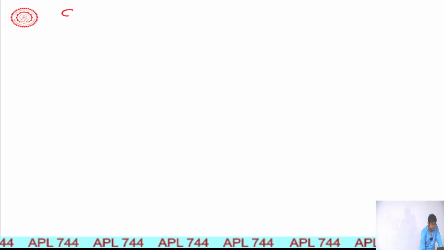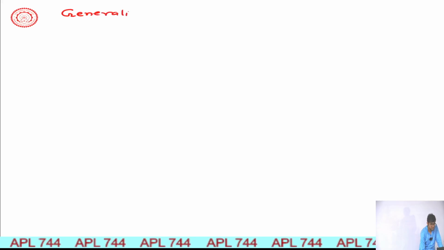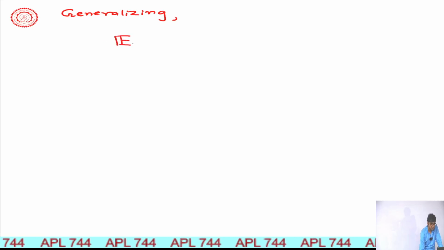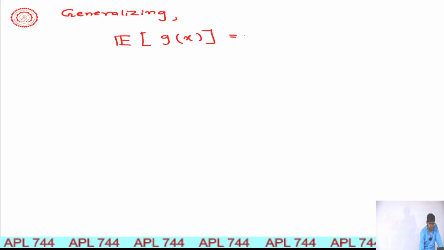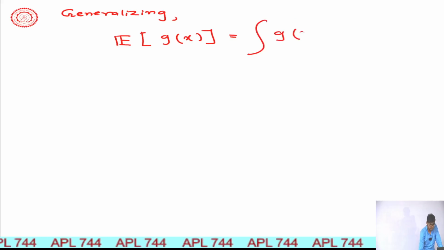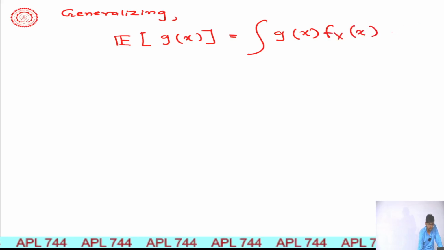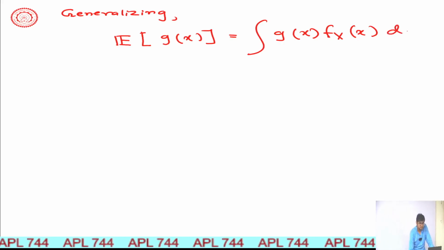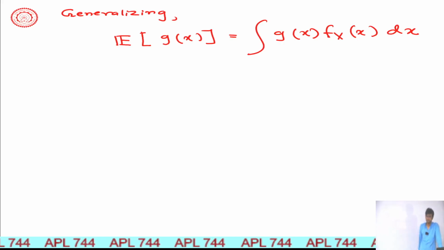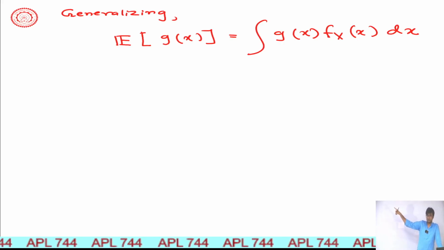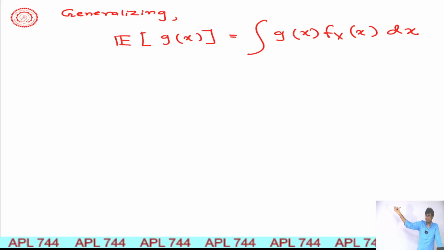Now, if I generalize it, I can write the expectation of g(x), where g(x) is some arbitrary function, equal to the integration of g(x) f_X(x) dx. Clear? This is the basic definition of expectation, right?